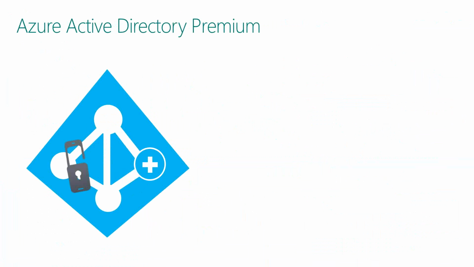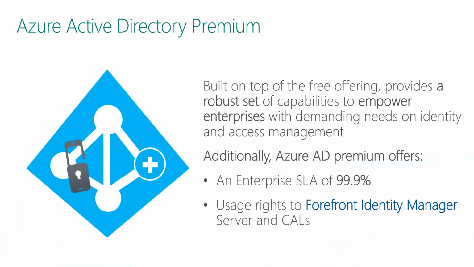So Azure Active Directory Premium is built on top of the Azure free offering. So Azure Active Directory provides a directory at no charge for up to 500,000 objects. But Active Directory Premium, or AD Premium, builds on top of that, adding the ability to do advanced management with users, to have additional features, including the ability to monitor logons and report on suspicious logons, whether they originate from unusual geographic dispersion.